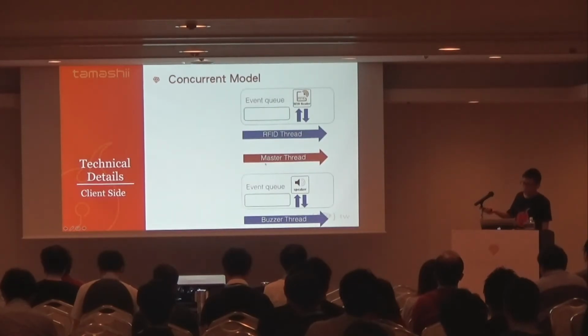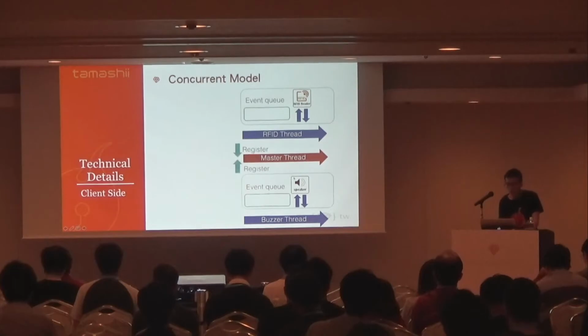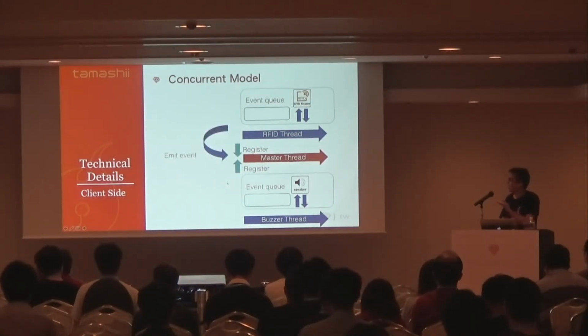This is the figure describing the event model I mentioned above. We will introduce an extra component called master in the middle. Then it will manage the events between the components. We will first register those components to the master, and then when the card reader reads the card, it will emit an event to the master thread.